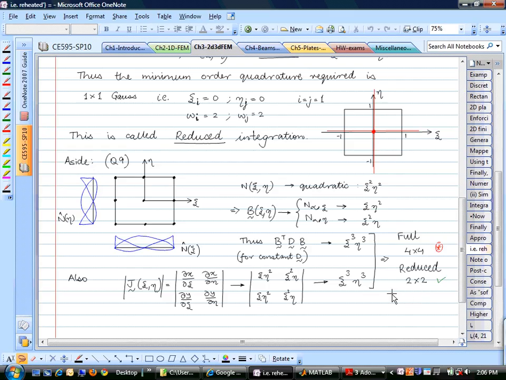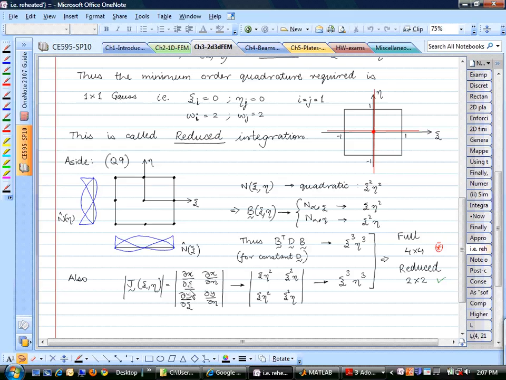I could give you a different type of element and ask you what is the minimum order of quadrature required. For example, if you have 3 nodes in the C and eta direction each, then all your shape functions are going to be cubic in C and eta.